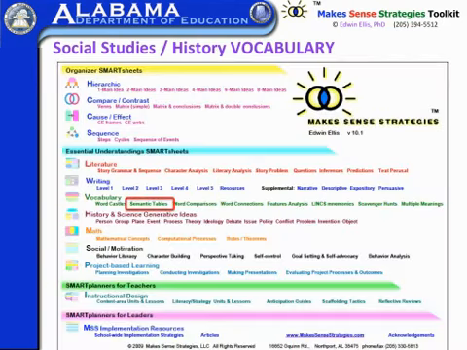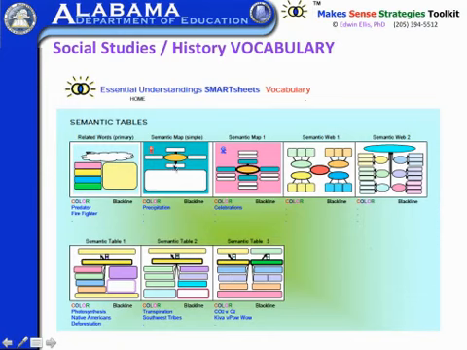Another one that we'll take a quick look at is called semantic tables. If you click on that, this page opens up. Some of these are really basic, designed for little kids, because this whole set of resources is K-12. However, as we get into the more web-like things in more detail, they're going to be more appropriate for middle school.